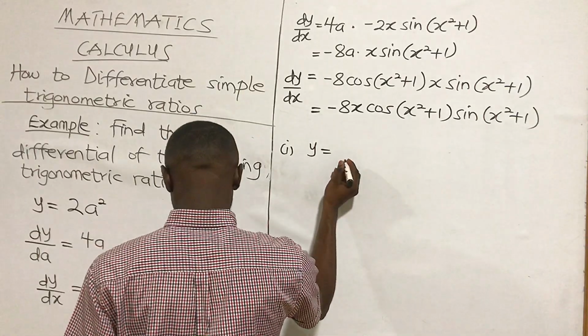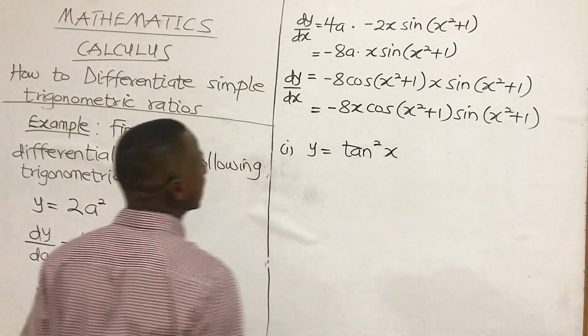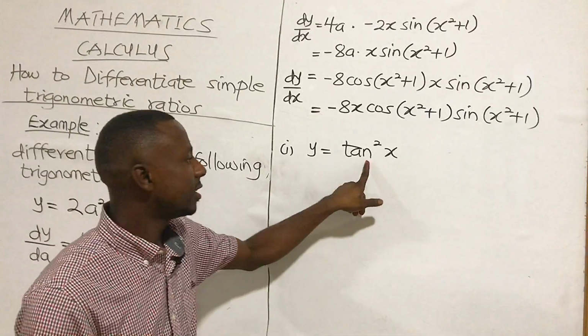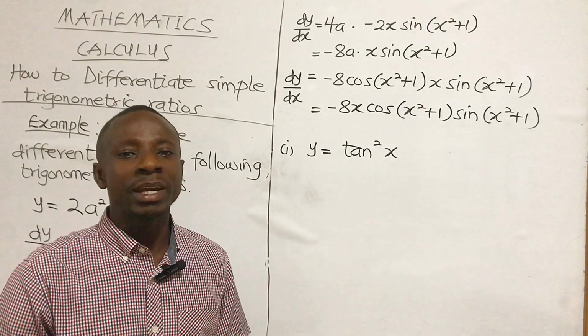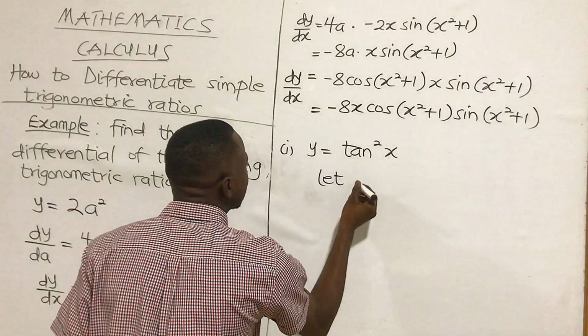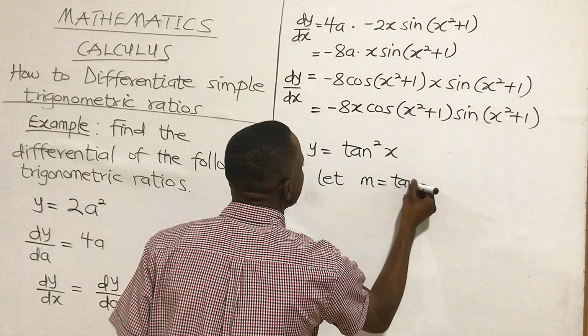y is equal to tan squared x. Tan squared x. Here, the tan is carrying an exponent. So we are going to make substitution. So let m be equal to tan x.